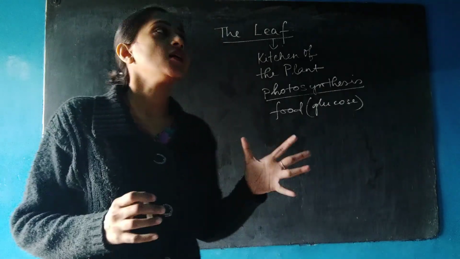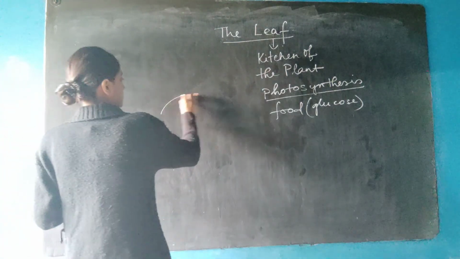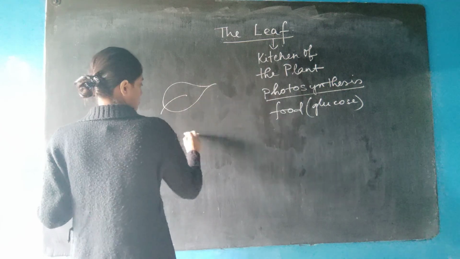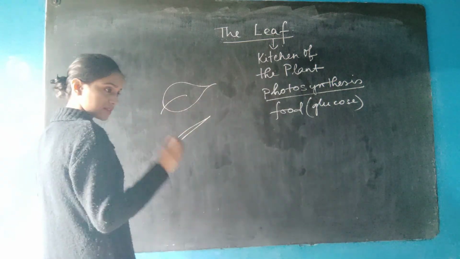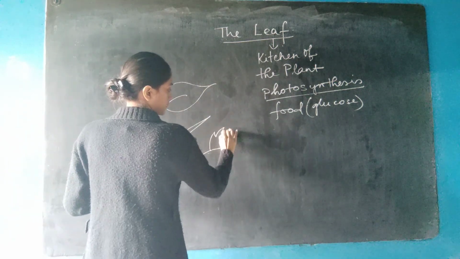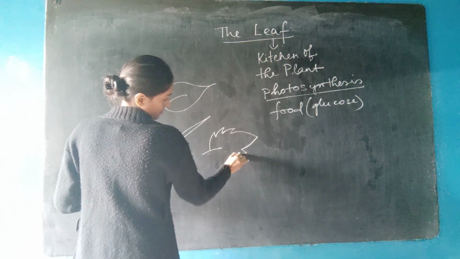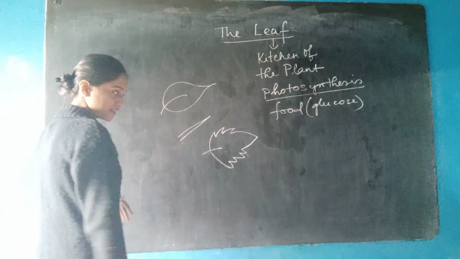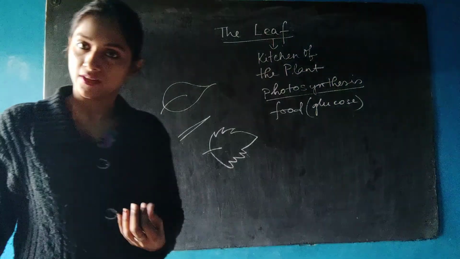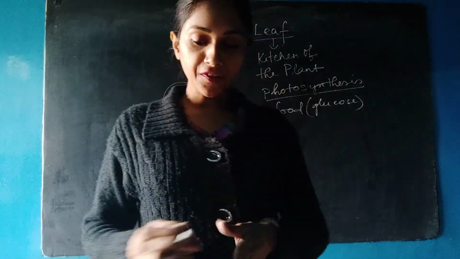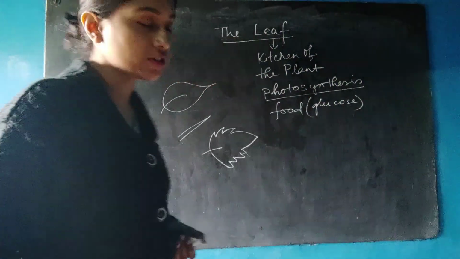So this is one of the important parts. It can be of various shapes like this, or it can be spine shaped like this, or like this, or various shapes it can be. Okay. So at first we will go for the structure of leaf.